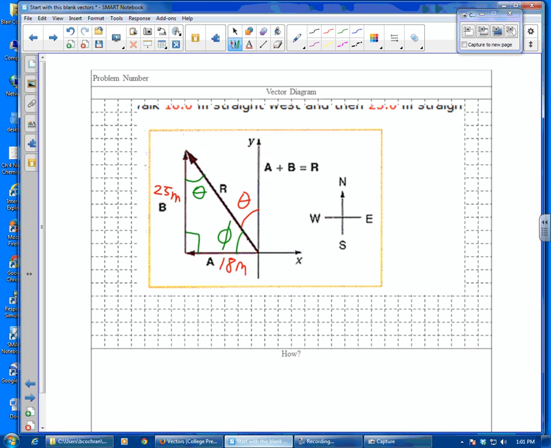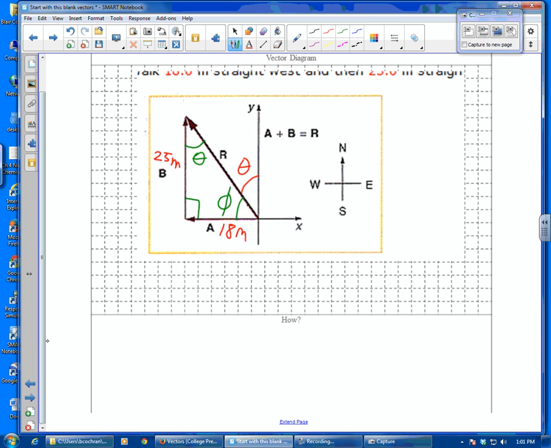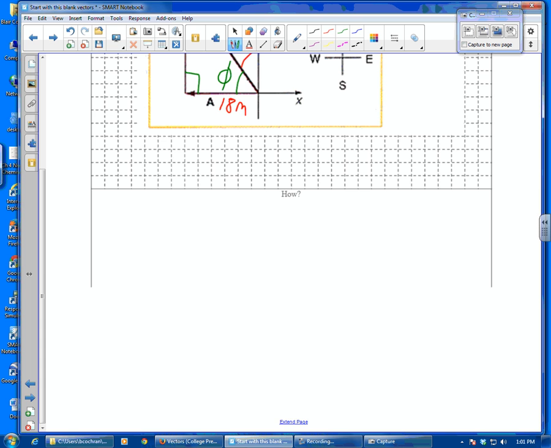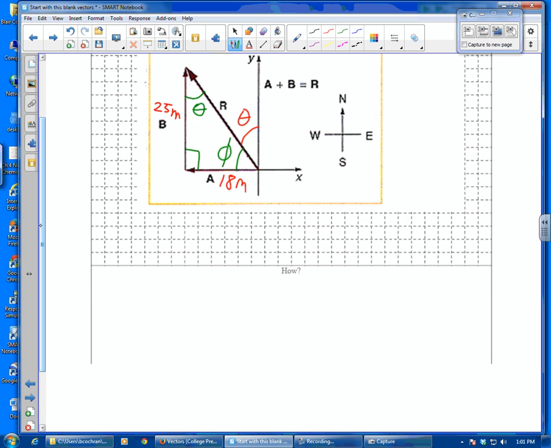All right, so we know the two legs of our triangle here, and we want to know the hypotenuse of it. So I'm going to do Pythagoras, which is a squared plus b squared equals c squared.